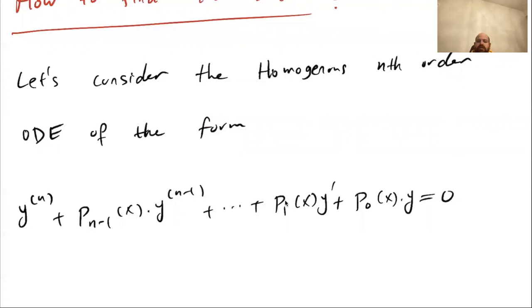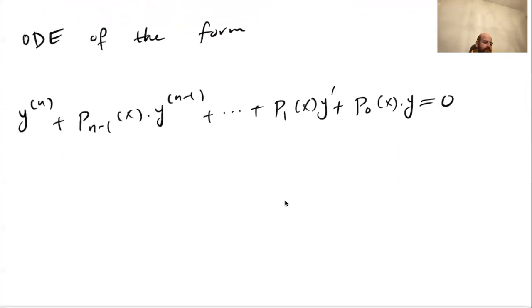If I can find a general solution, then it will be very easy to find the constants like C1 to Cn using the initial conditions. So for now, let's focus on finding the general solution of this equation without any initial conditions.